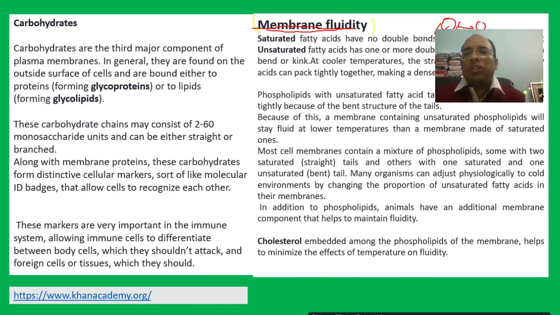So we should know that if there is a higher amount of unsaturated fatty acids, then the fluidity of the membrane increases, and if there is a higher amount of saturated fatty acids, the fluidity of the membrane decreases. So in high temperature, microorganisms which live there should increase the saturated fatty acid.